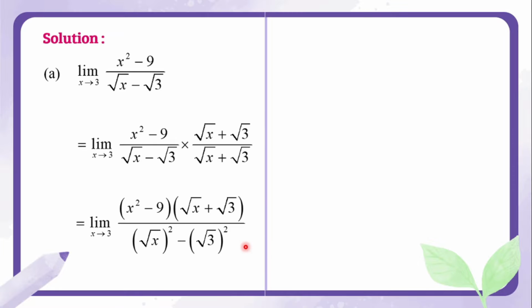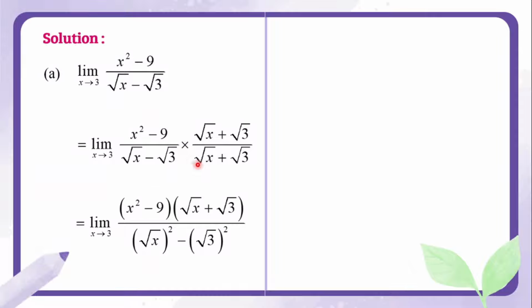From the previous example, we noticed that when we multiply two square root expressions which are conjugate to each other, like √x − √3 and √x + √3, the two middle terms will become 0.